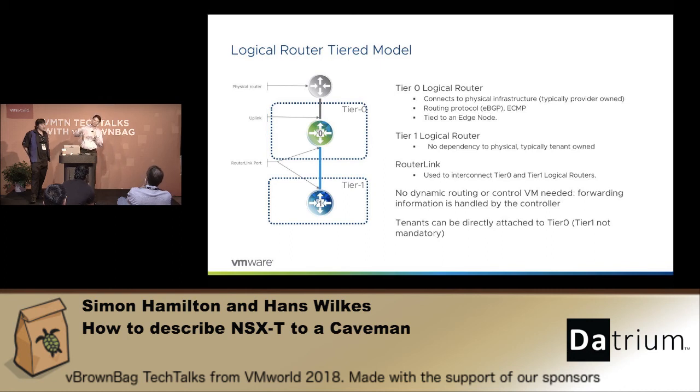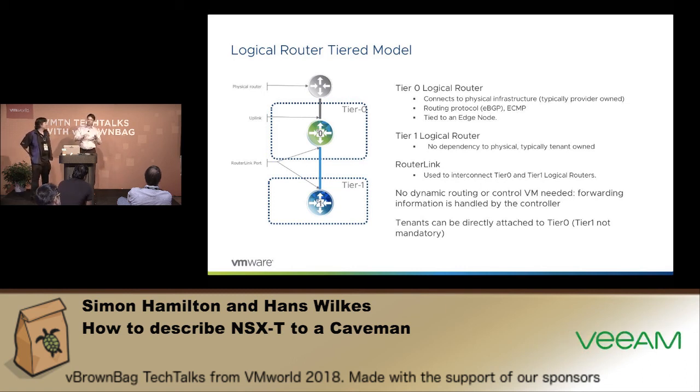And then the routing between tier 0 and tier 1 is automagic in NSX-T, which is great. You don't have to muck around creating a transit network and sticking an IP address and running a dynamic protocol or any of that. NSX-T just does all that automagically, which is great.